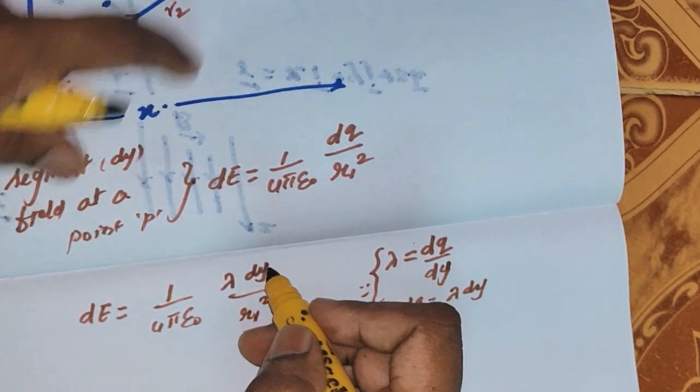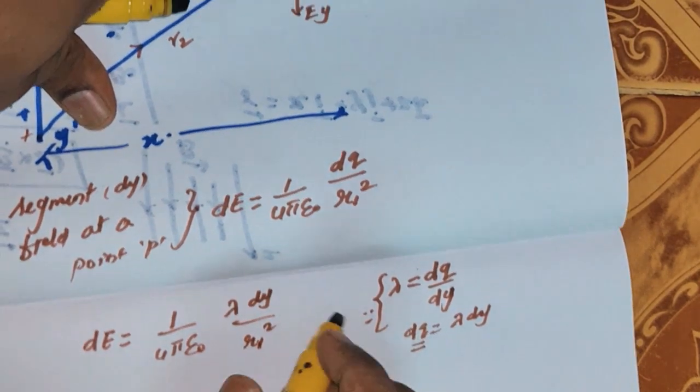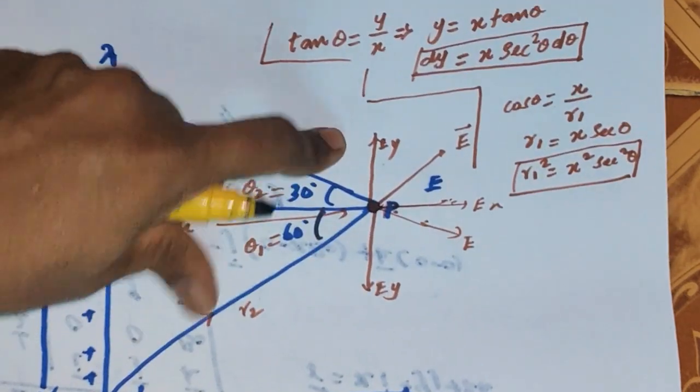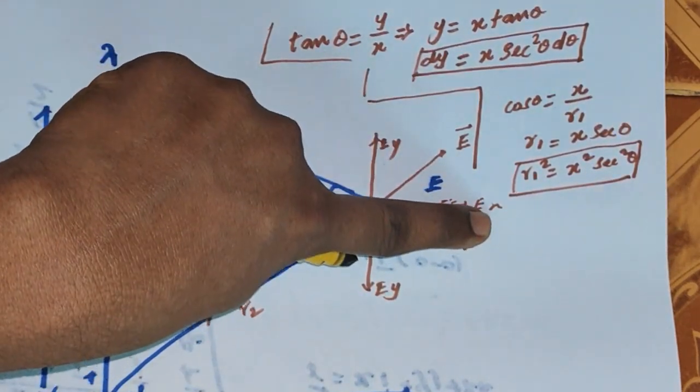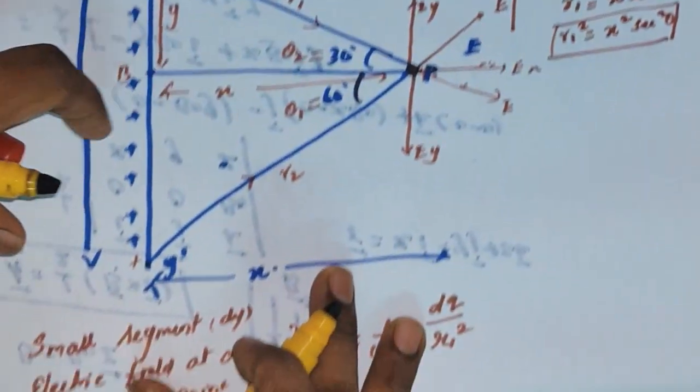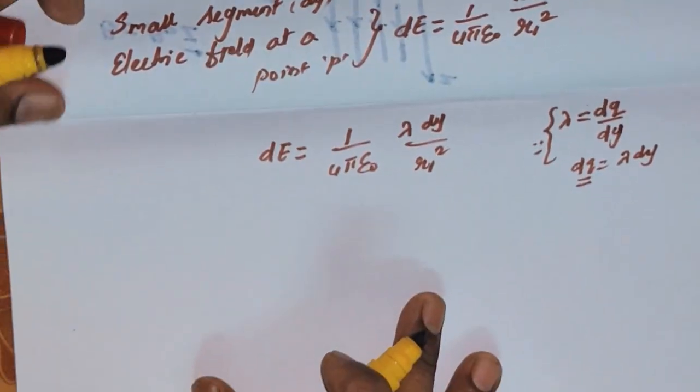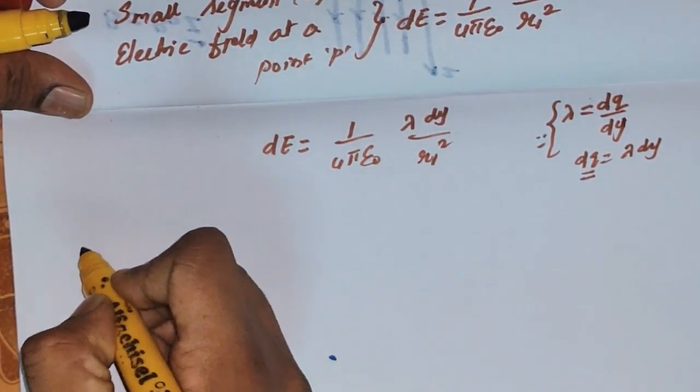We know what our dy is and what our r1 square is from these expressions, so we are going to substitute these two values here.